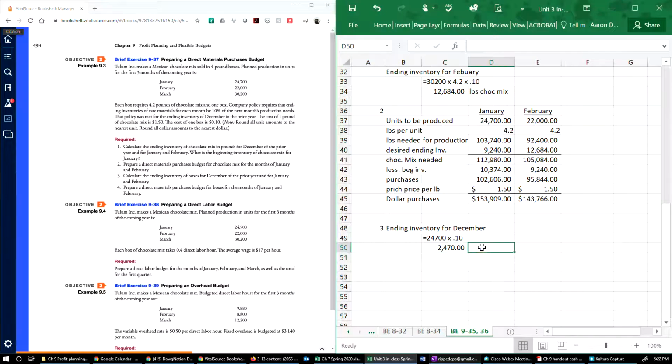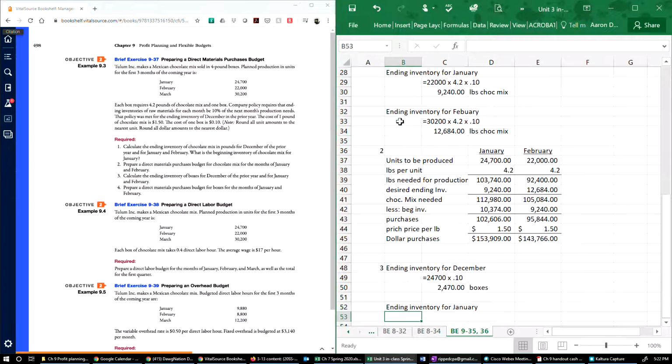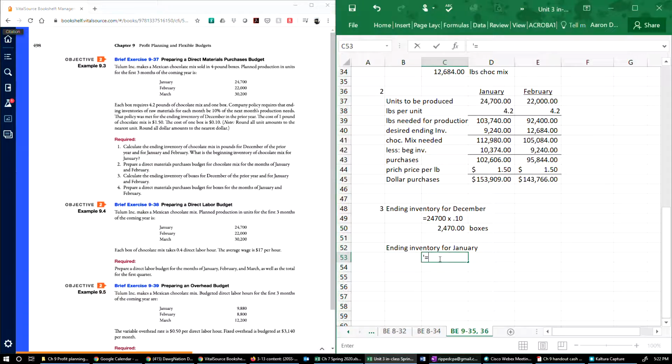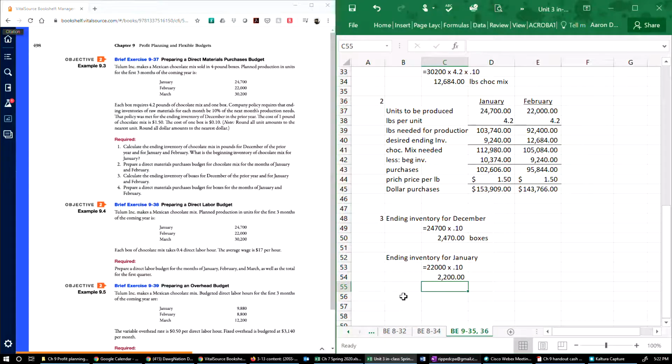So we need 2,470 boxes for January. 10% of production, 2,200 units, and then we can do the same for February.